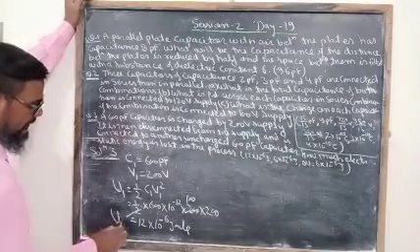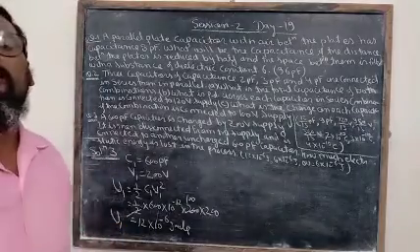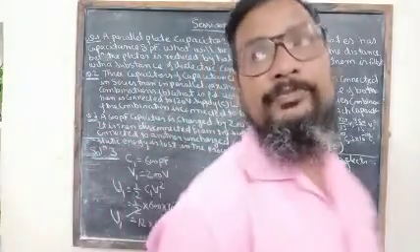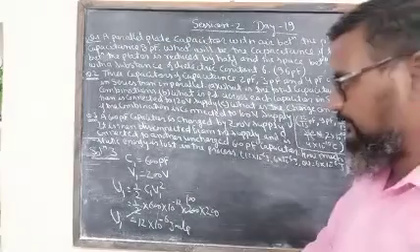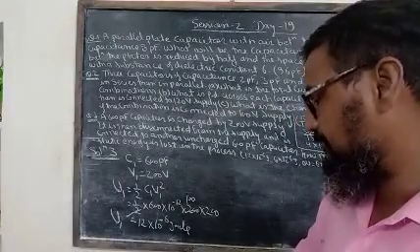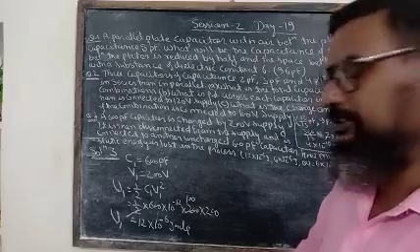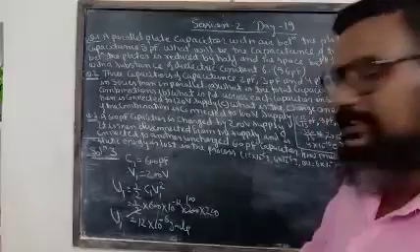So this is the initial potential energy of the capacitor, calculated by half C1 V1 square, and it is 12 into 10 raised to the power minus 6 joule.